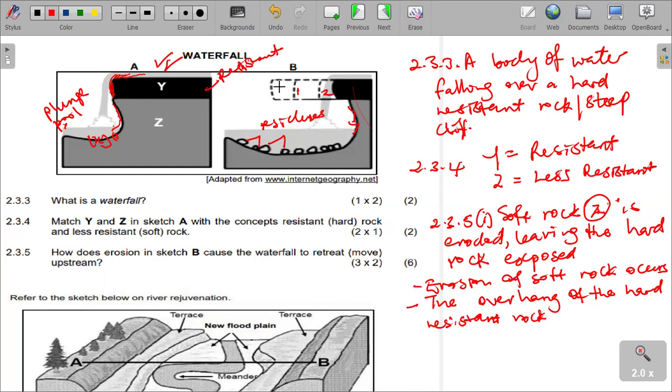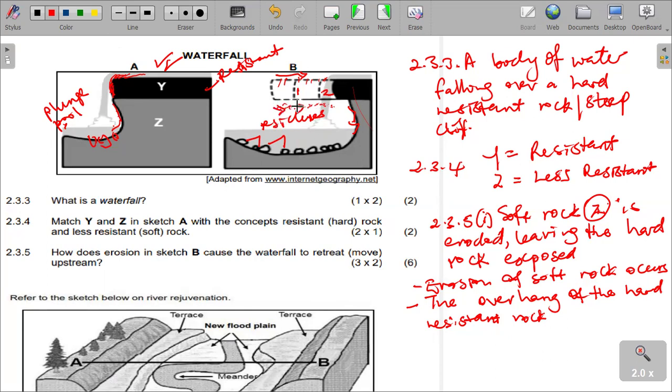So what happens is that this piece, which is in photograph B, remains there, and then because it is not being supported underneath, the overhang becomes heavy, and then it breaks off, causing the waterfall to move backwards. It starts to migrate, the retreating of the waterfall.